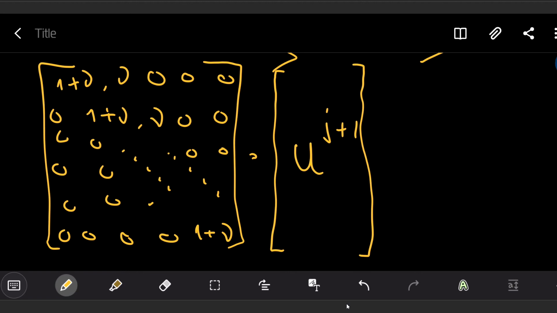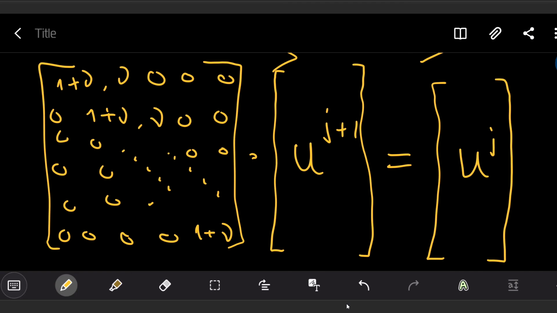This unknown vector is equal to the known vector of the values on the old time layer, where we know all coefficients.